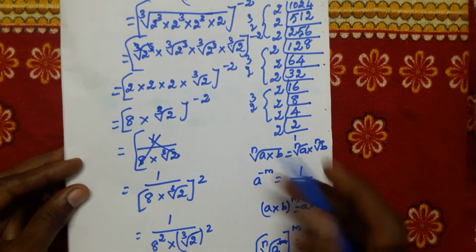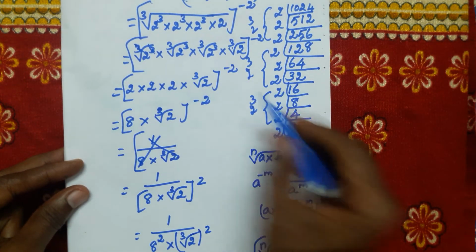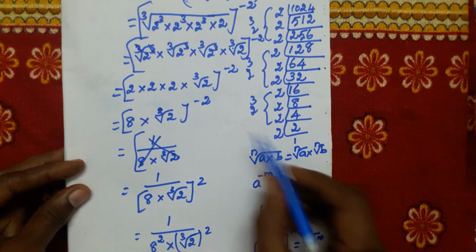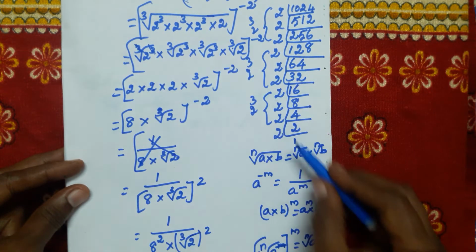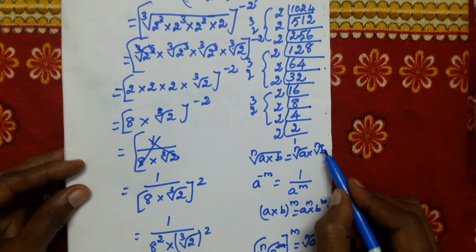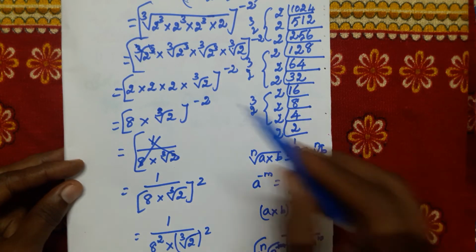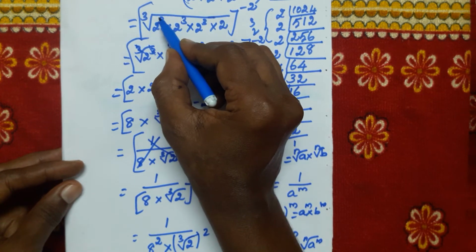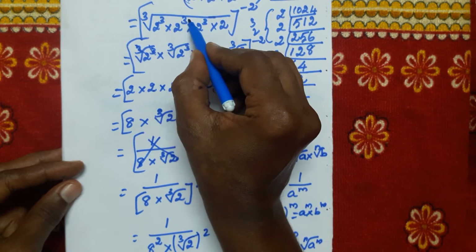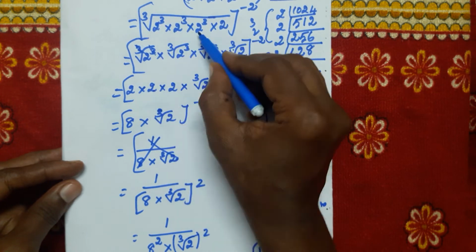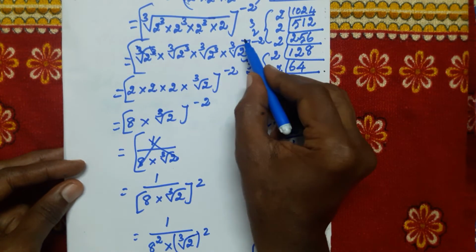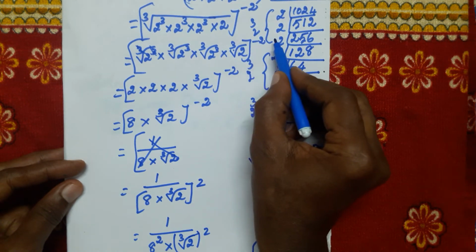So we can write cube root of 2 cube into 2 cube into 2 cube into 2 the whole power minus 2. Now here we are using the law nth root of a into b is equal to nth root of a into nth root of b. So we can write cube root of 2 cube into cube root of 2 cube into cube root of 2 cube into cube root of 2 the whole power minus 2.